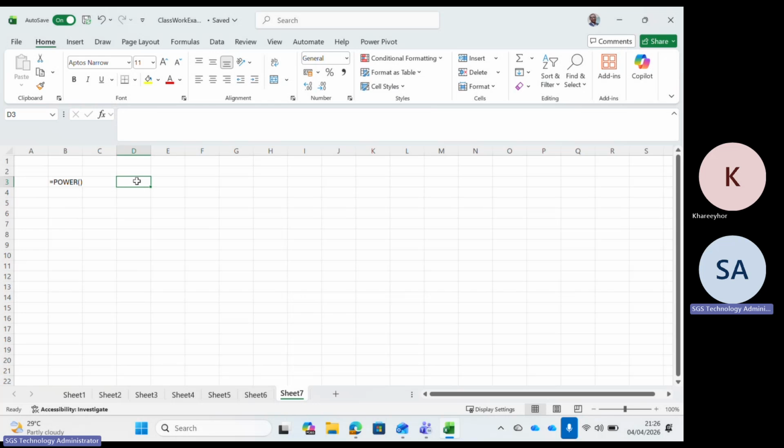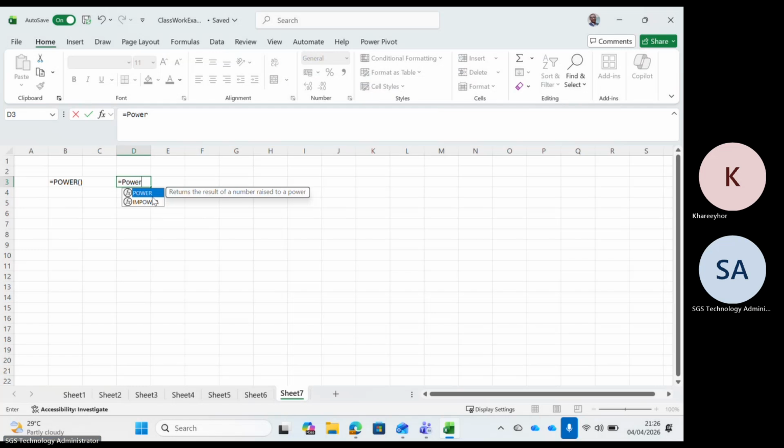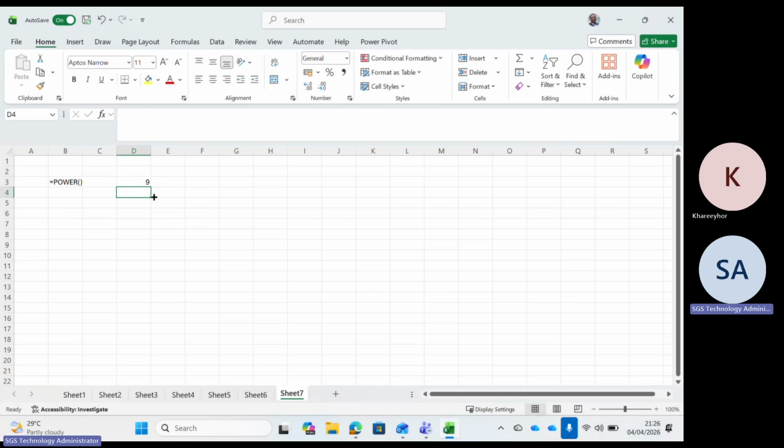In Excel you write equals POWER, and it asks which number you want to raise. Let's say 3, then to power 2. What would you expect that to be? It should be 9.